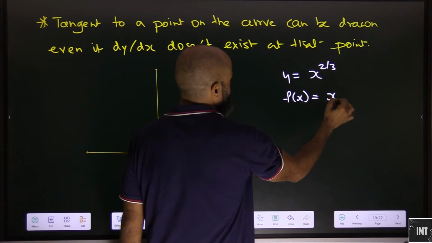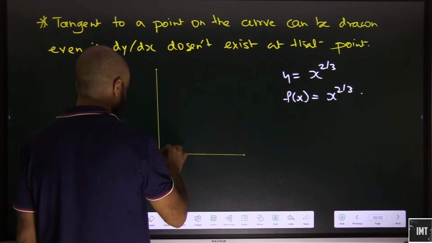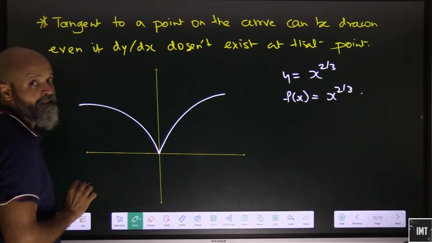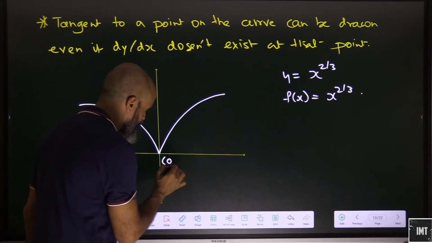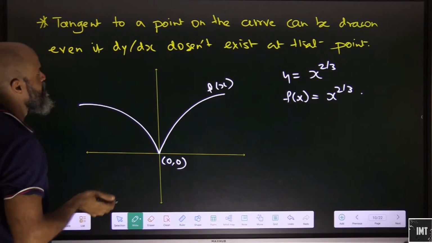The curve will be something like this, and this is basically your (0, 0).